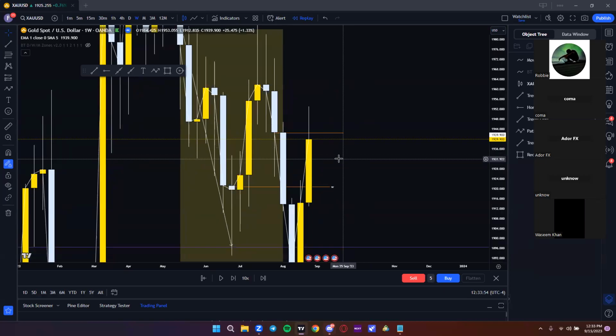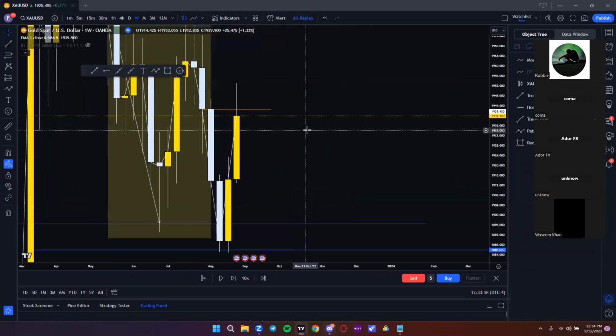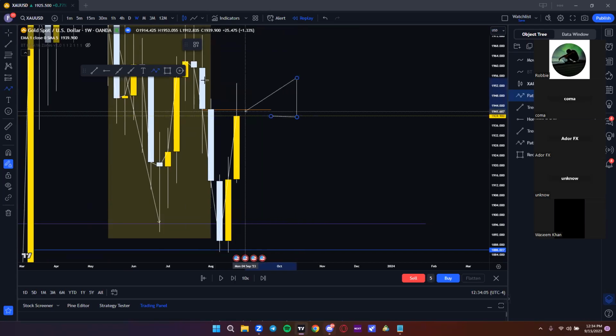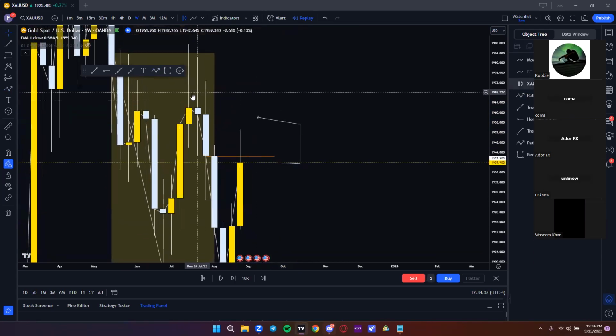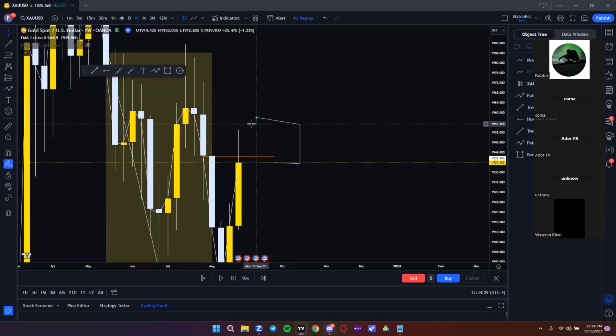Now OHLC for the weekly. If you're bearish, you need to open high and at least reject this level, at least reject even the level up above right here.